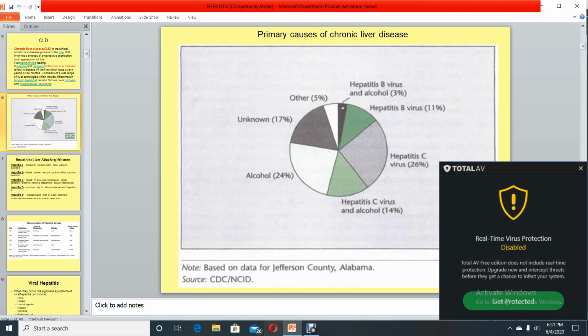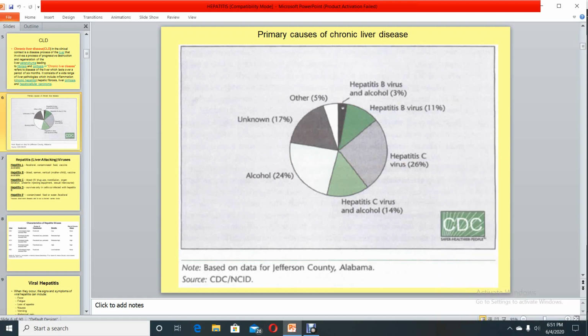So there are many other causes of chronic liver disease. It will cause chronic hepatitis, and as I have already said, it will lead to pre-cirrhosis and fibrosis or cirrhosis, and will cause the typical complications of cirrhosis afterwards.